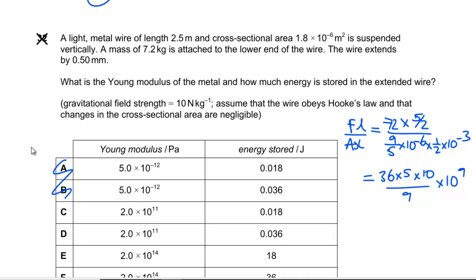Okay, so that's ruled out these. There's lots of 2 times 10 to the 11s, rather annoyingly. Energy in the wire is a half Fx, so that is 36 times a half times 10 to the minus 3, so it's going to be C. That's the one that's got 18s in it, and it's got to be small. So yeah, 18 and then go back 3, so 1 2 3, yeah, definitely C.